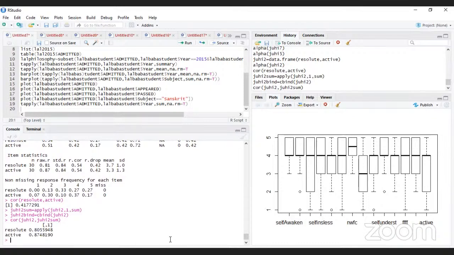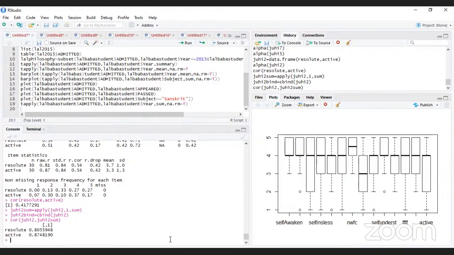So now it's a very interesting point. Resolute and active, they are interrelated with each other. The relationship is very low. But when they are relating with their total score, then we find the correlation is very high.